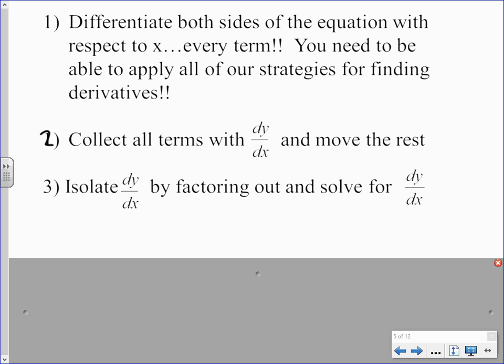Then you'll want to get dy/dx by itself so you can solve for it. If there's more than one dy/dx, we're going to have to factor it out of some terms and then divide the rest over.